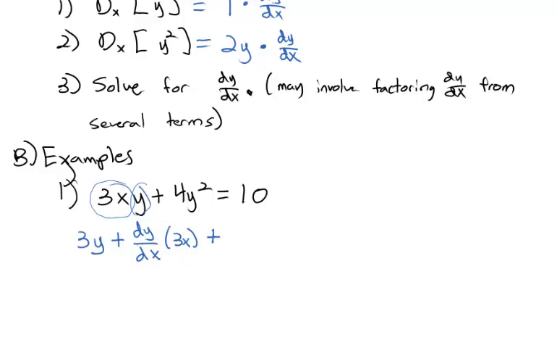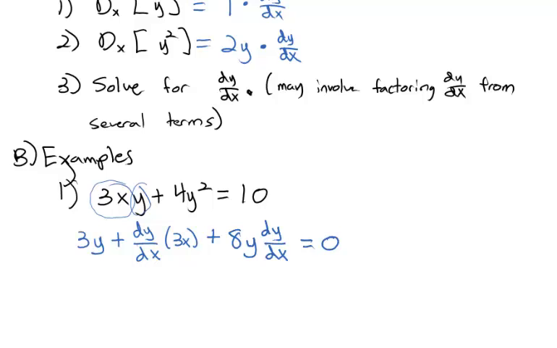Plus the derivative of 4y squared is 8y to the first, times the derivative of the guts. Whenever we take a derivative of y, we need a dy dx term. Equals the derivative of 10, that's a constant, is 0. Now we're going to solve the remaining equation for the dy dx.